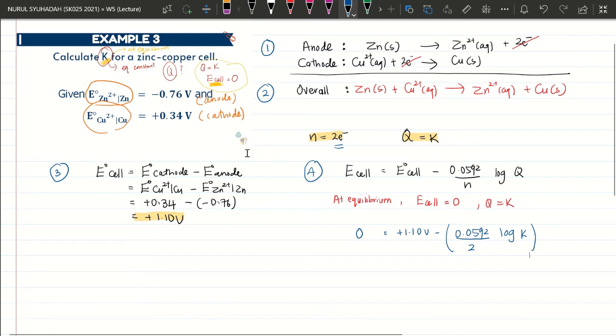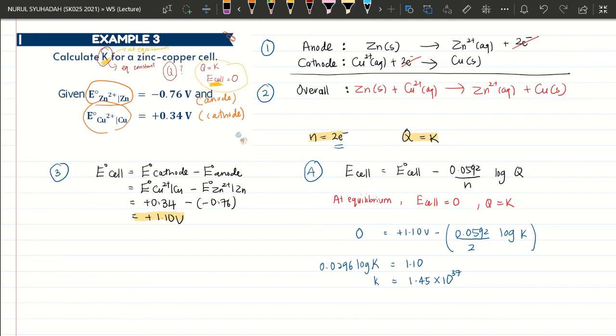Once you have written down everything like this, at one point you will get this: 0.0296 log K equals 1.10, and then find the value of K. The final answer you will get as 1.45 times 10 to the power of 37.